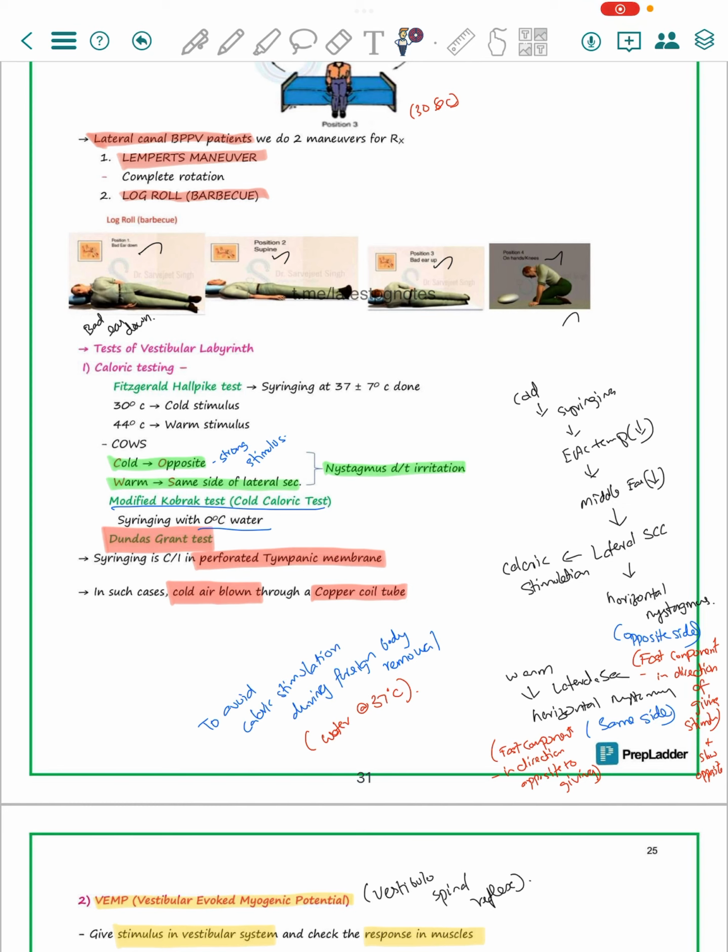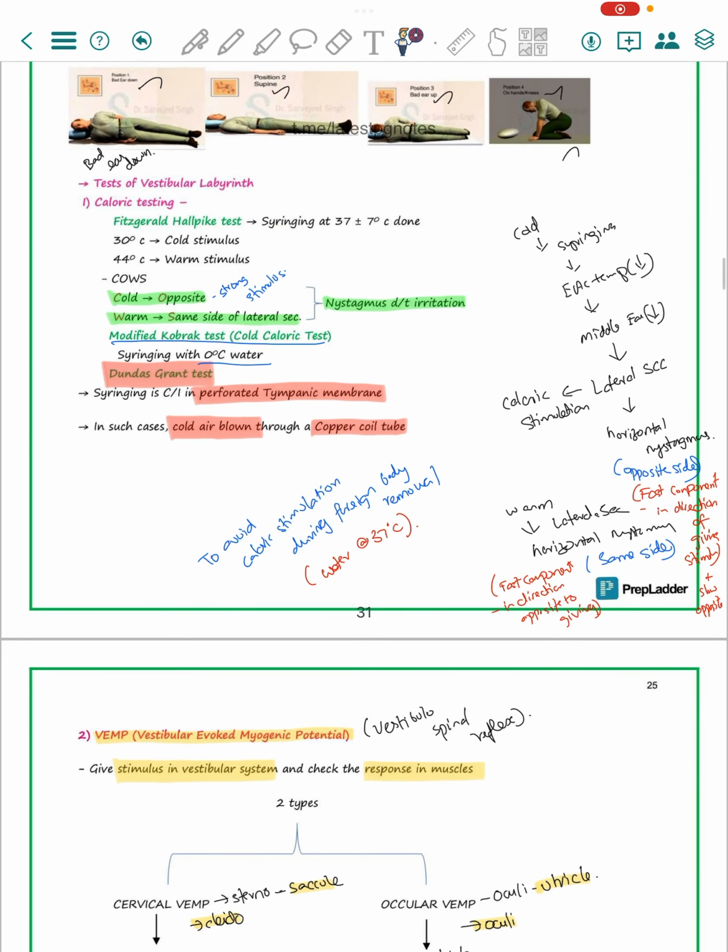If the stimulus is cold, the nystagmus will be in the opposite direction. That is, if you give cold on the right side, the nystagmus will be towards the left side. If you give warm, the nystagmus will be on the same side as the stimulus. This is known as the modified Kobrak or cold caloric test.